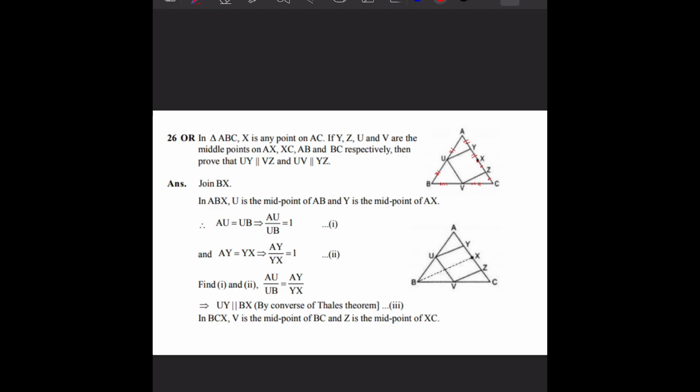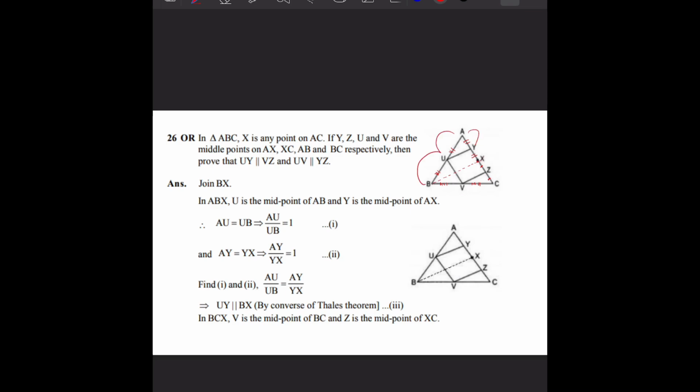You have to do one construction: join BX. As we join BX in triangle ABX, as U is a midpoint of AB and Y is the midpoint of AX, this side is equal to this side and this side is equal to this side.